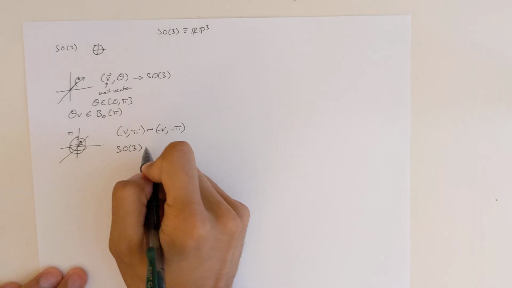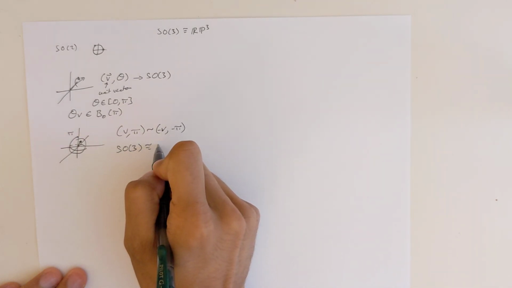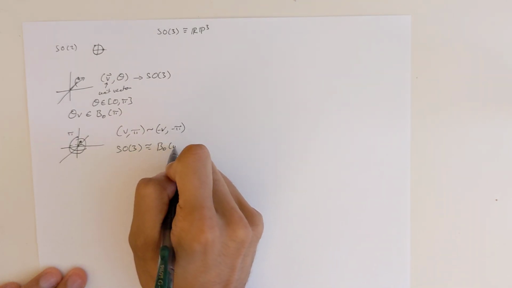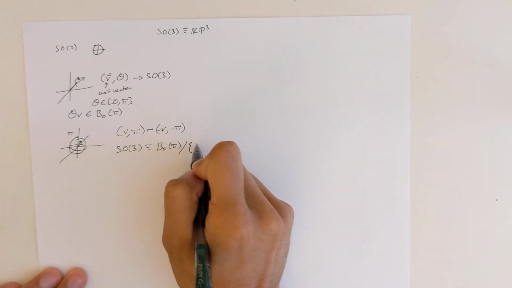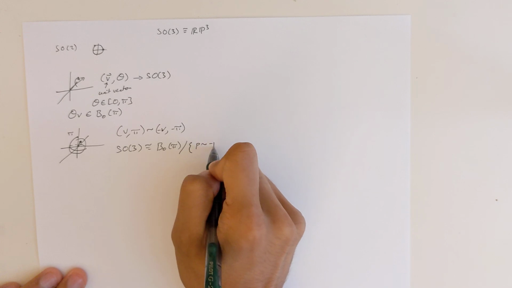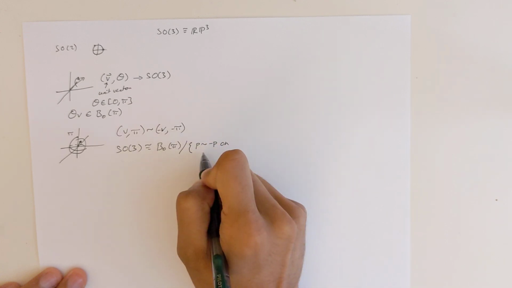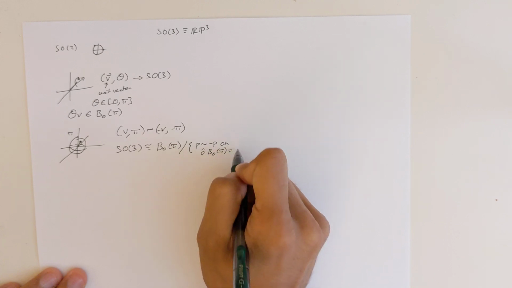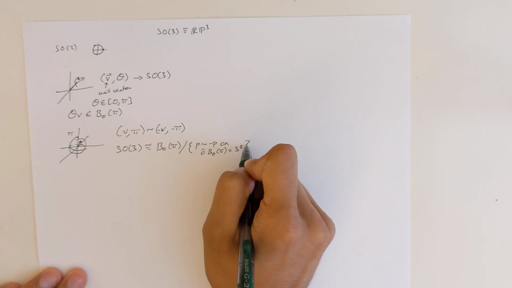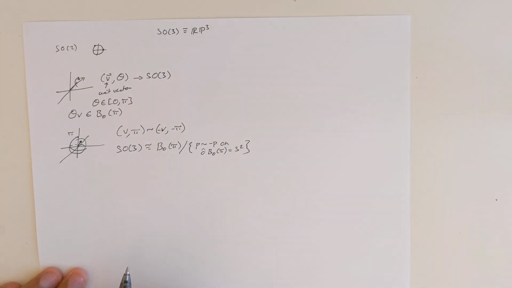So SO3 is homeomorphic to the unit ball with the equivalence relation that P is to be identified with minus P on the boundary of the unit ball of radius pi, which you can think of as the unit sphere of radius pi as the boundary of the ball.